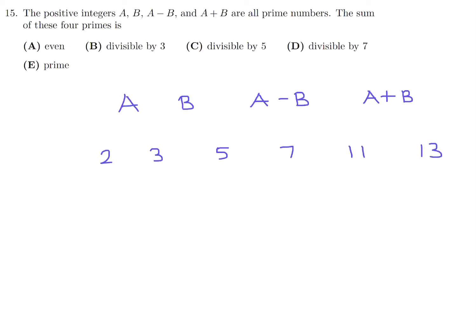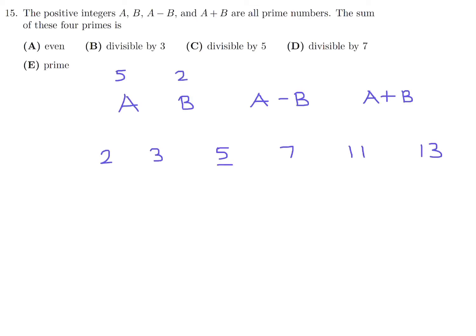Let's see if we can do this by inspection. I hope. So let's see here. A minus b, a plus b. I think 5. 5, 2 on one side would be 3, 2 on the other side, 7. All right. So if 5 is a and b is 2, this will work.